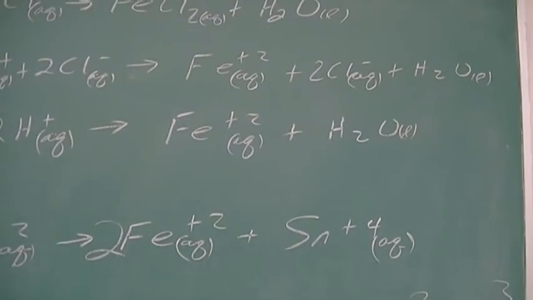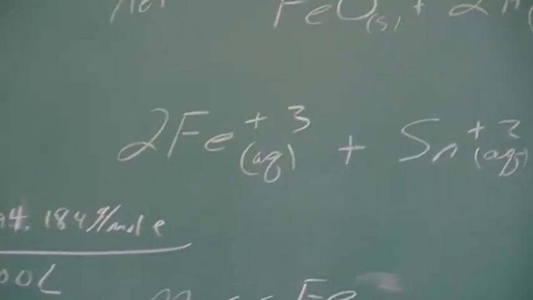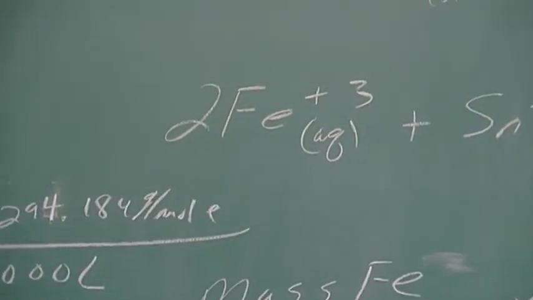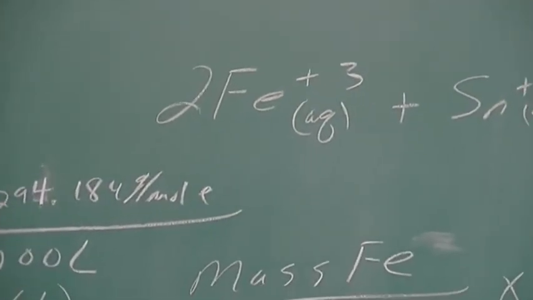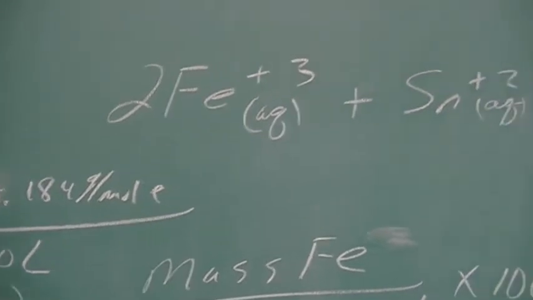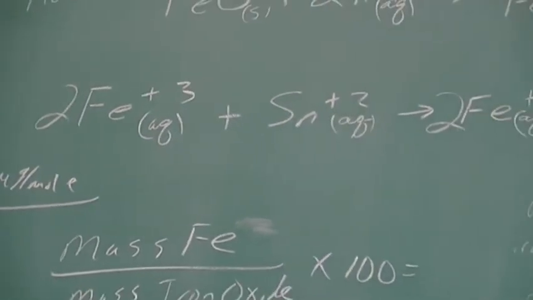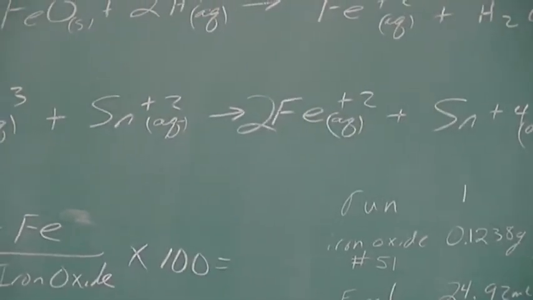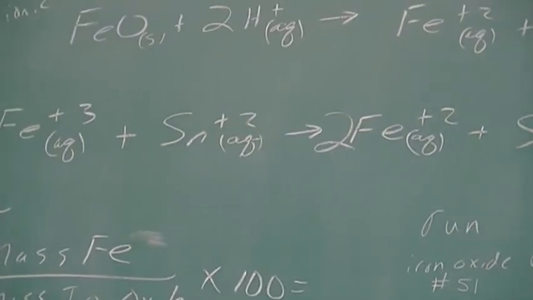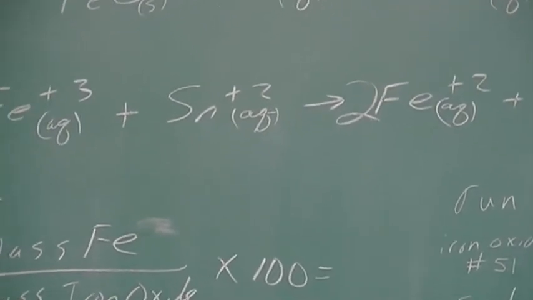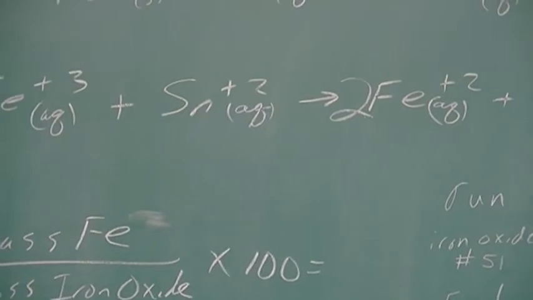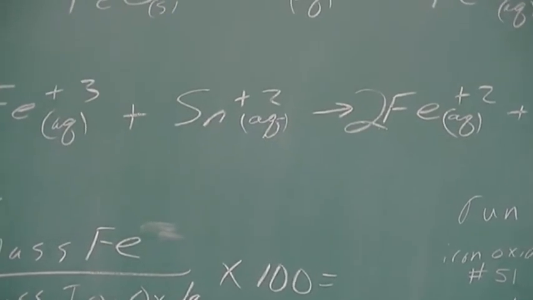Now, when we have our iron oxide unknown, some of that iron is going to be in the iron plus 3 oxidation state. So before we can start our titration, we have to convert all of the iron plus 3 into iron plus 2. To do that, we add tin plus 2. This is another much simpler oxidation reduction reaction.